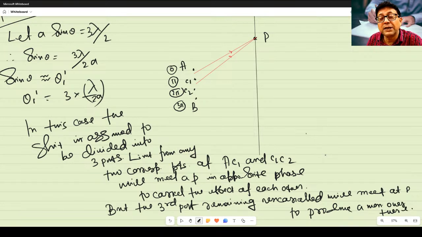But this maxima cannot have the same intensity as that of the central maxima. The central maxima is really formed over there. But this maxima is just like this.